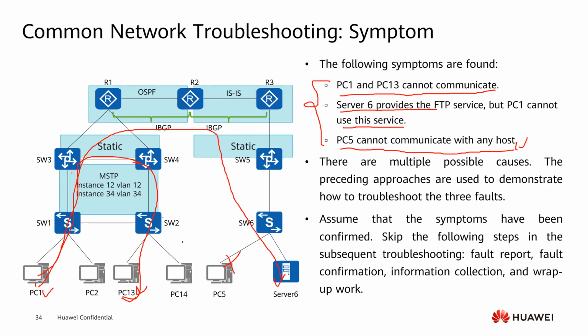I suppose PC5 has not obtained an IP address, because the IP address is configured by DHCP. So there is something wrong with the DHCP configuration on R3 and the DHCP relay on SW5. So we just give three network faults, for example.